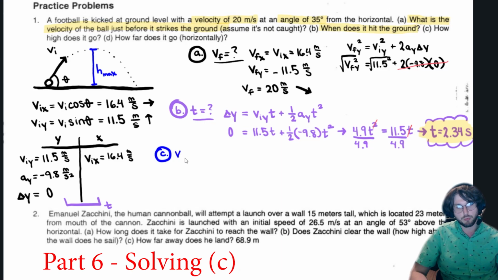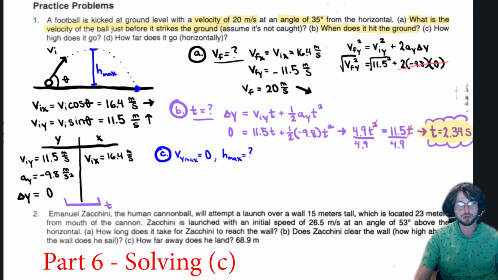So let's say the vertical velocity, let's say Vy max or something, at that point is going to equal 0. And we're looking for h max, which is a displacement. So in this case, again, let's just go ahead and take advantage of all the information we can here. Really, instead of delta y equals 0, which really only applies to this point over here, we're going to want to use this new piece of information of this final velocity that it's reached when it reaches the peak.